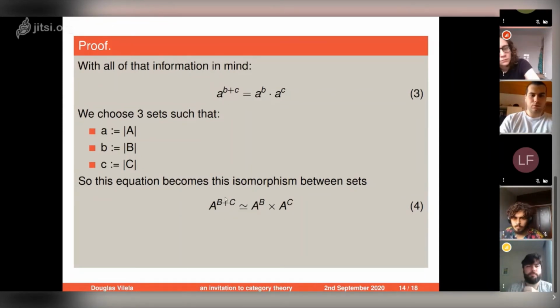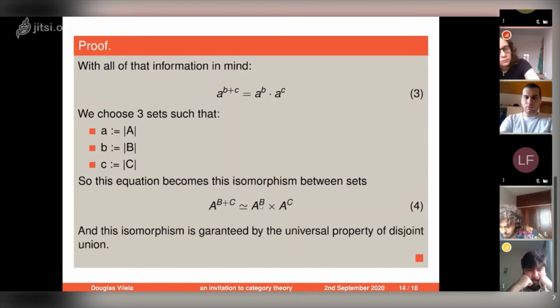This notation means the set of functions from this disjoint union to A, and this X symbol is the Cartesian product between these two sets. But this result is guaranteed by the universal property that we saw earlier. So we have proven the results that we wanted.